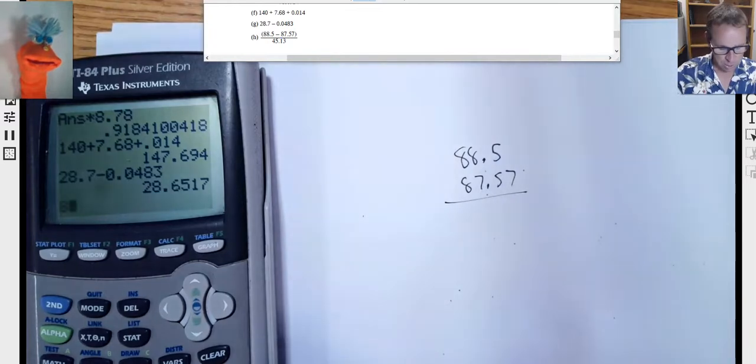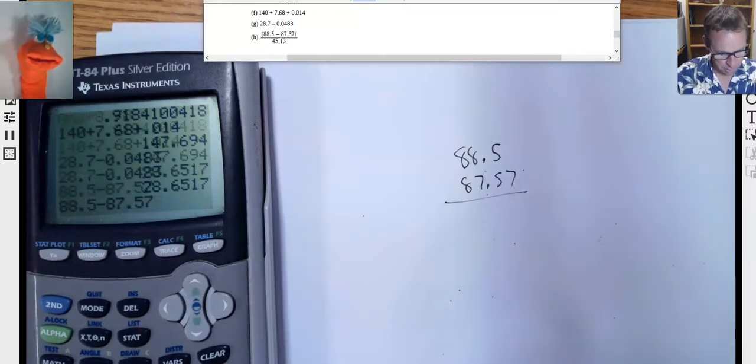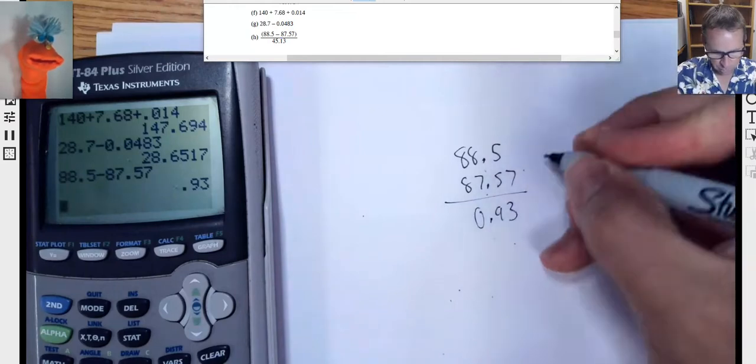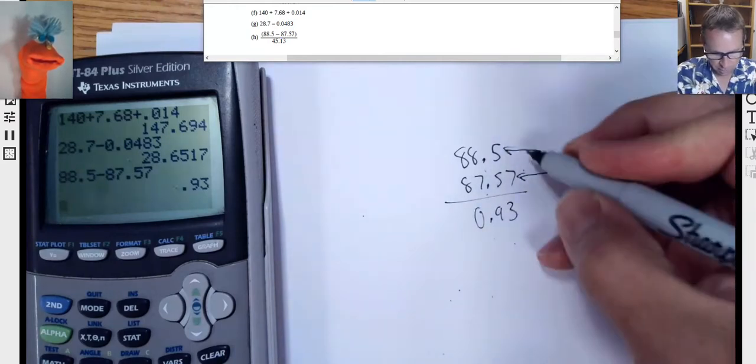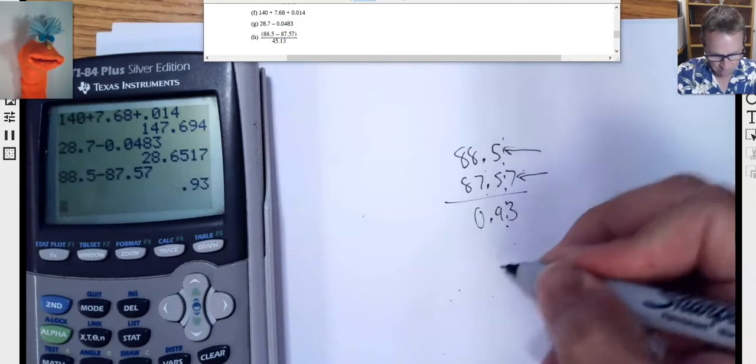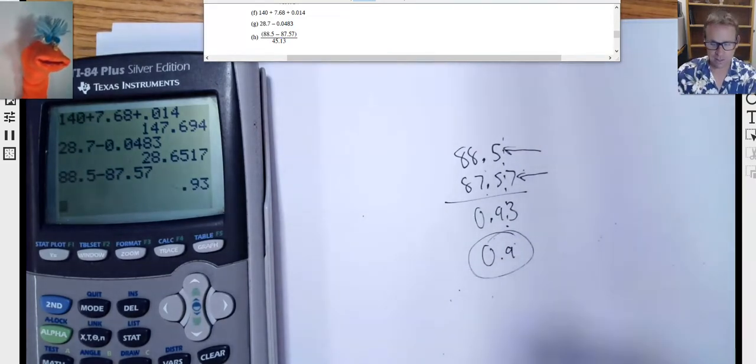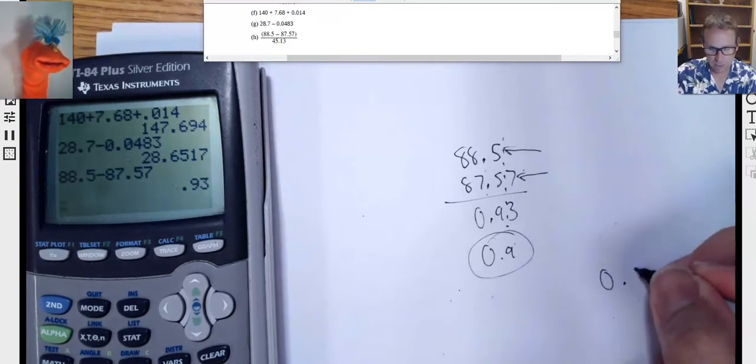All right. So 88.5 minus 87.57. Okay. So 0.93. I point an arrow to my last significant digit. It rounds off right there. 0.9.